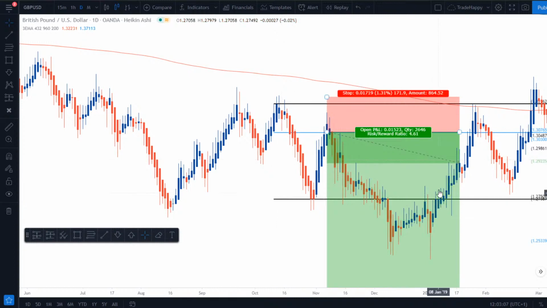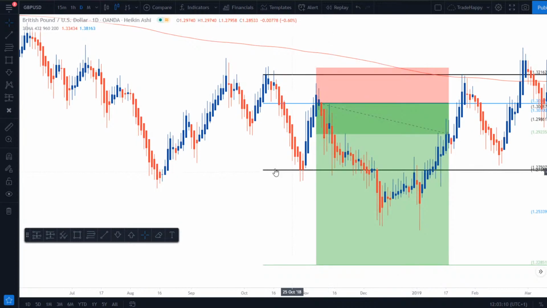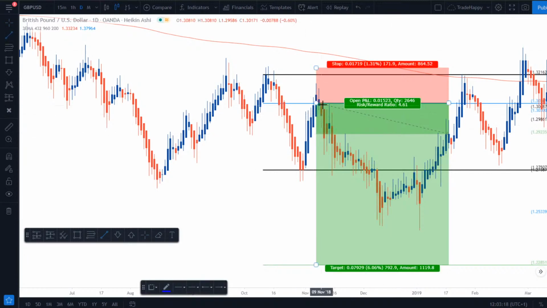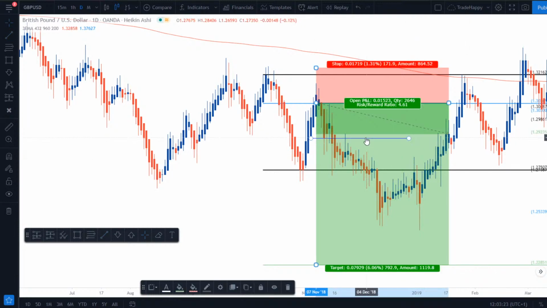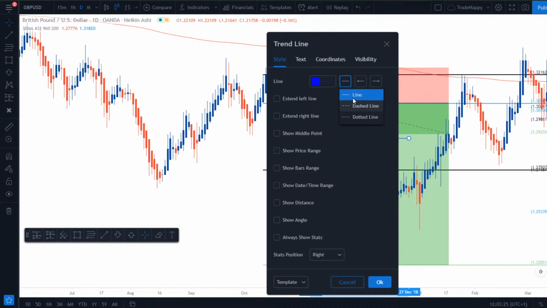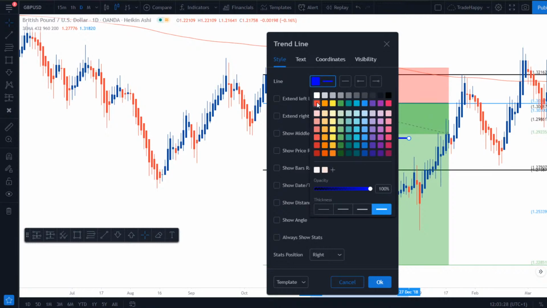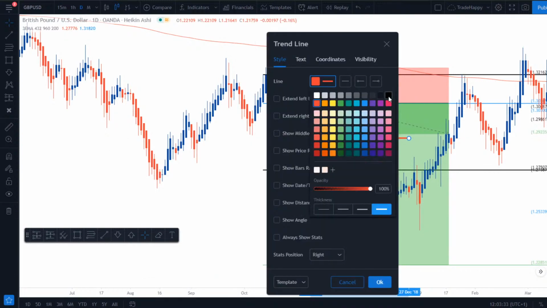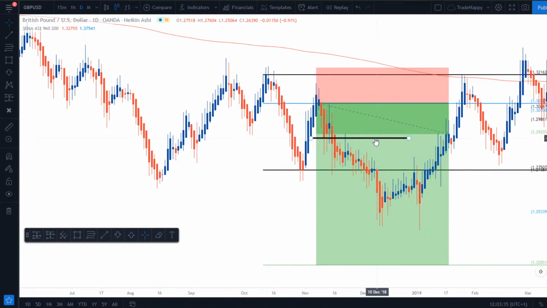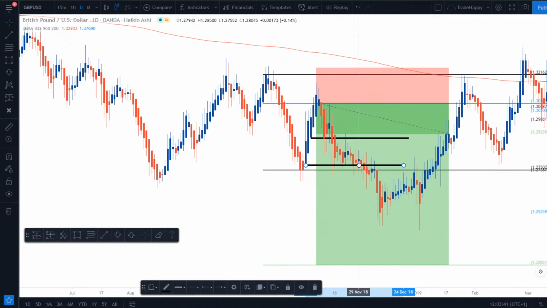I mean, even down here, so we've moved past this level here. I would be taking, let me show you this. So we've had the move down. I'd probably be taking 1% here. I'll make that thicker for you guys so you can see it. So taking 1% of the position off here, then taking another 1% once we break this low.